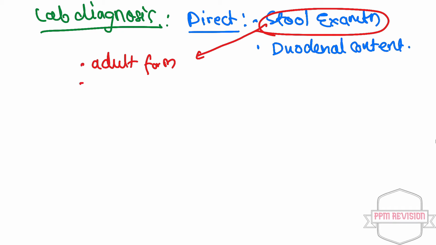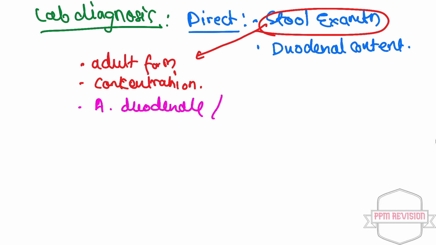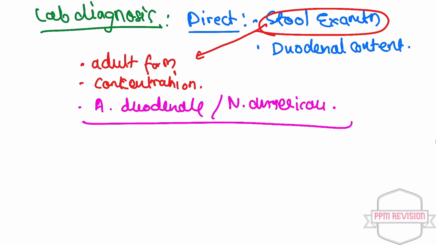This is done by a concentration technique. One problem is that the eggs of Ancylostoma duodenale as well as that of N. americanus cannot be differentiated.